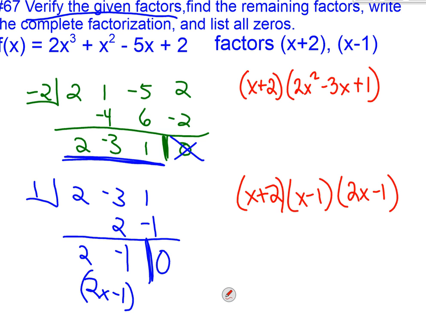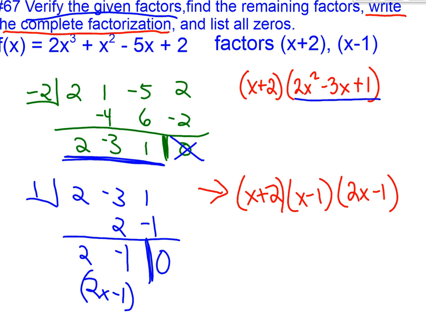As a matter of fact, could we have factored that? Absolutely. So then we know what that factors into, because we did the next synthetic division for that one. So this is that next part, the complete factorization is right there.